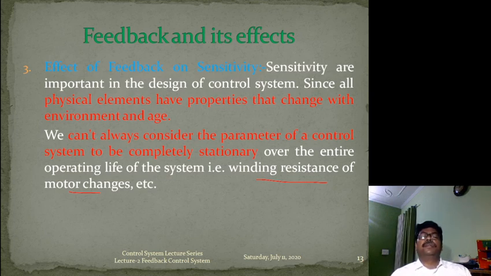An example of this is that the winding resistance of a motor can change. If the winding resistance of the motor changes, the losses in the motor will increase, and that will cause a decrease in efficiency, also cause heating of the insulating material, and in due time the insulation strength of the material may decrease.